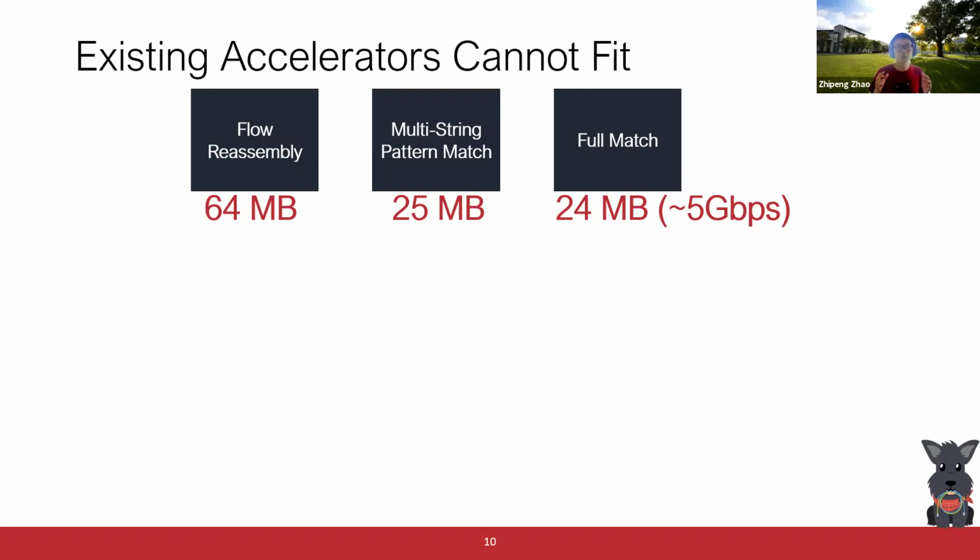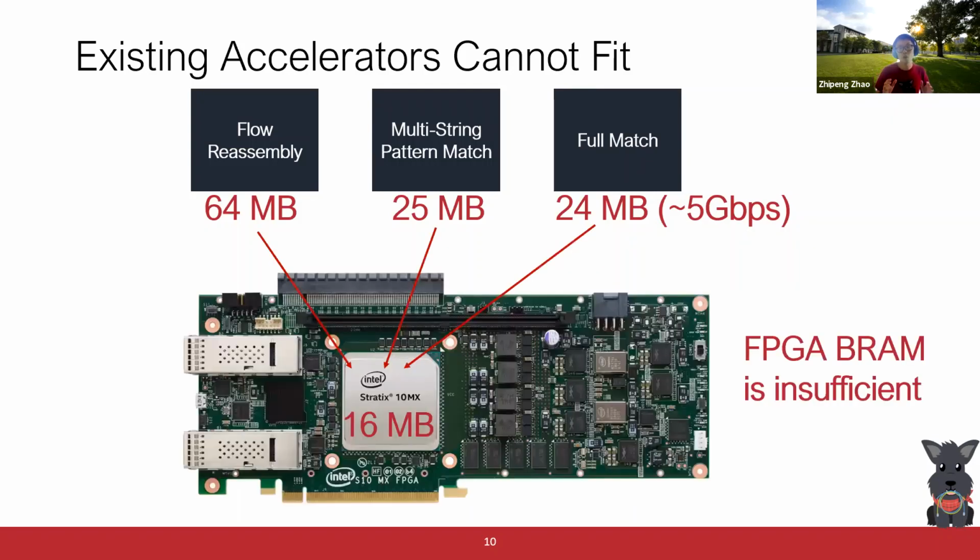To scale existing algorithms to 100 gigabit per second, we would use a lot of on-chip memory resources. Even though the FPGA we are using in this project is a pretty high-end FPGA, the Intel Stratix 10 MX, the on-chip BRAM resource is insufficient. It's only about 16 megabytes. We cannot fit all of the tasks on a single FPGA.